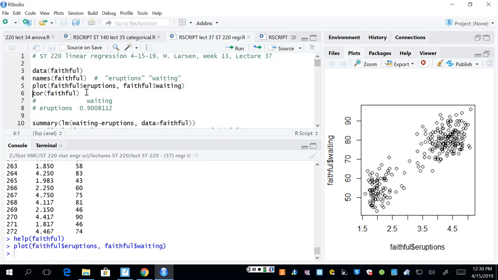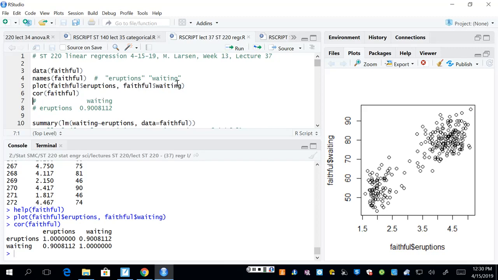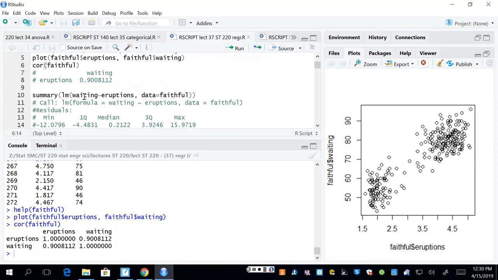Right? We will talk about correlation soon, but the correlation between these two variables is about 0.9. Correlation at most is 1, so 0.9 for something like this is pretty strong. Right? In R, we can calculate the least squares regression with this command here, lm, for linear model.